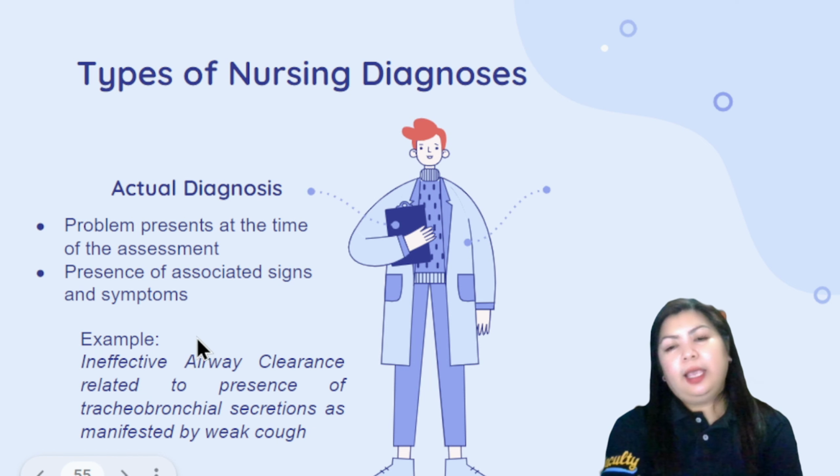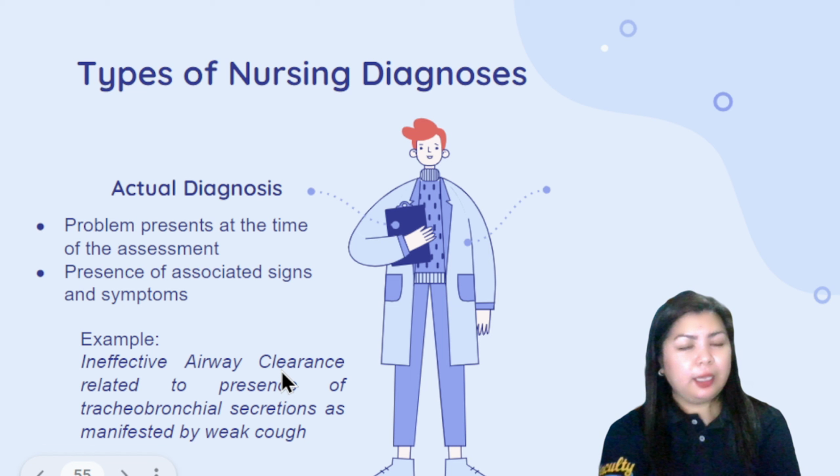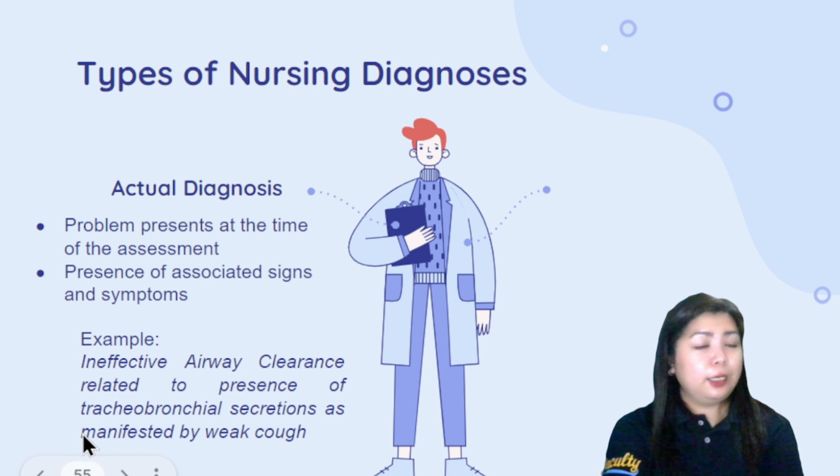Airway refers to the daanan ng hangin. Clearance means there is something that is blocking the airway. And it can be found on the tracheobronchial area. And what is it that you can find there? You have secretions. So the secretions is blocking the airway.